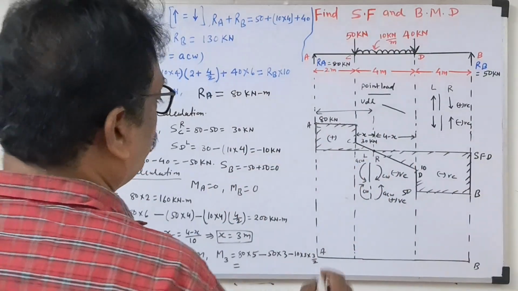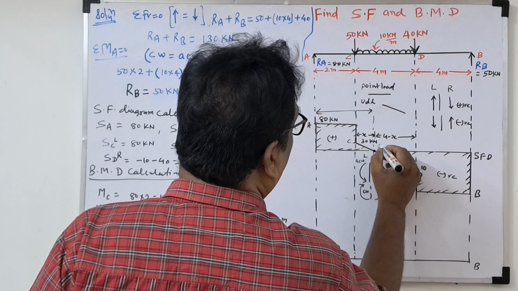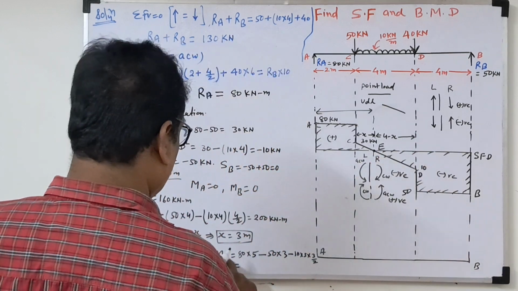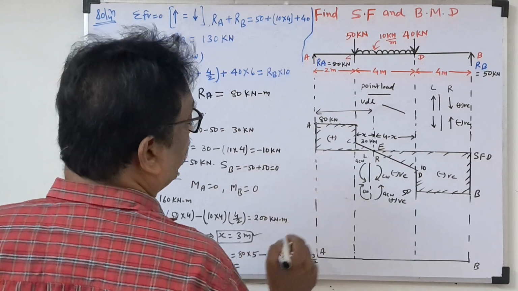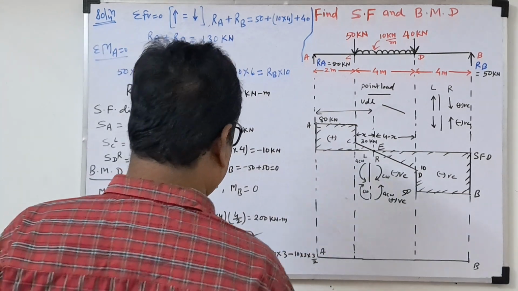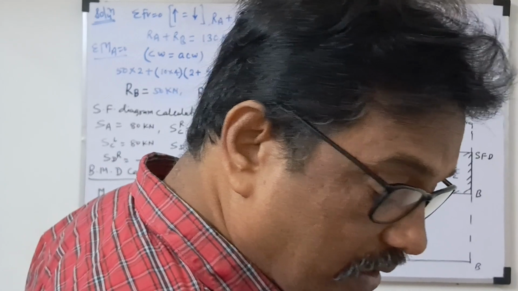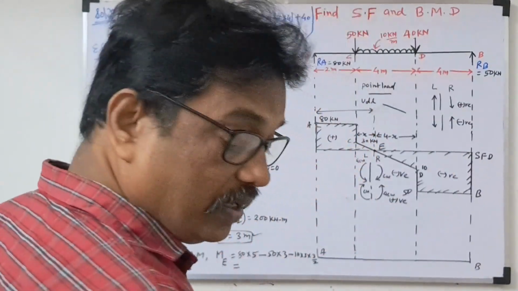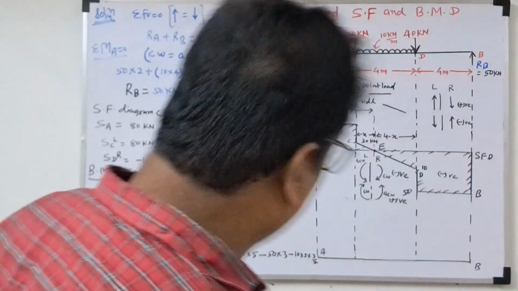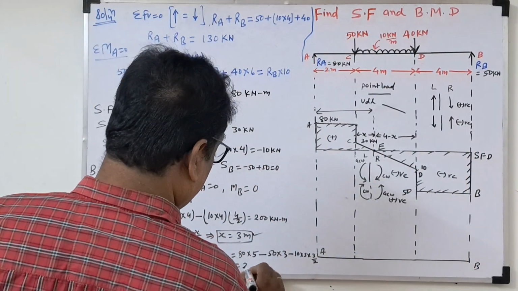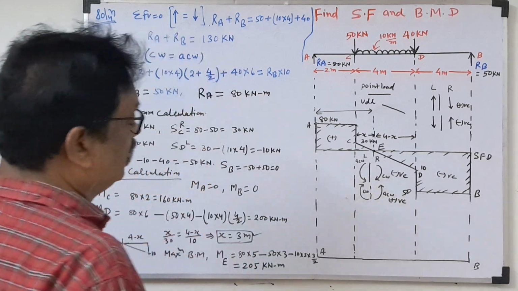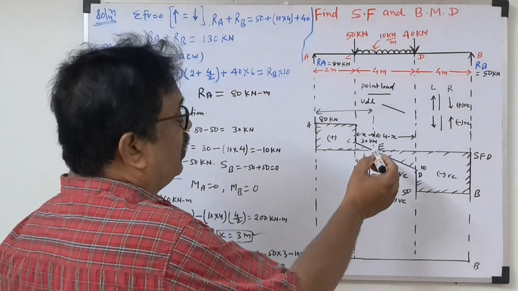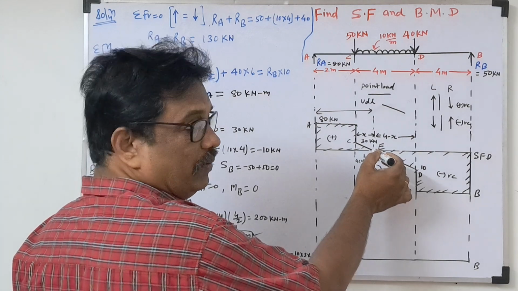If we assume this point is E, the bending moment at E is 80 into 5 minus 50 into 3 minus 10 into 3 by 2, which comes to 205 kilonewton meter.